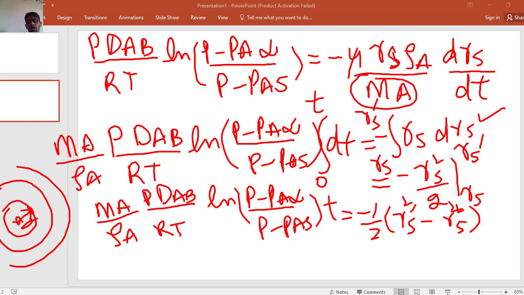Now how much time will it take to completely disappear the water droplet, to completely evaporate the water droplet?